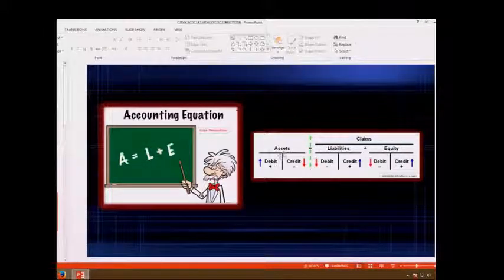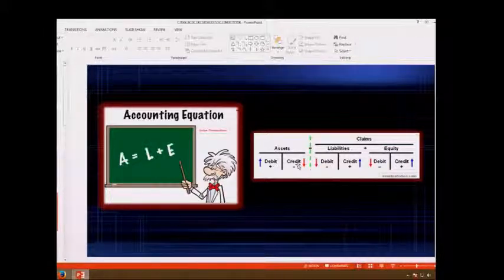So if you look over on the left, it says your assets increase on the debit side, and they decrease on the credit side. So what that means is if I made a deposit into my checking account, I would do a debit on assets, right?